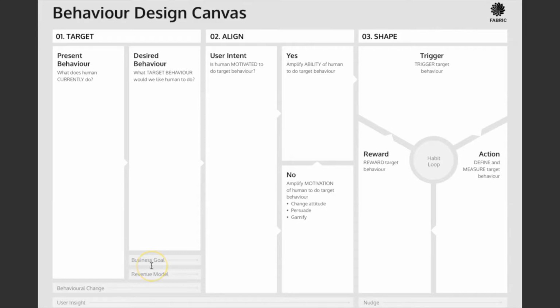And we could also get inputs on the revenue model and the business model here, or the delivery model or the go-to-market model in this stage. And then these two first stages, really, target and align, are also the stages where the human and user insight, as well as customer research and understanding, become really important and applicable.